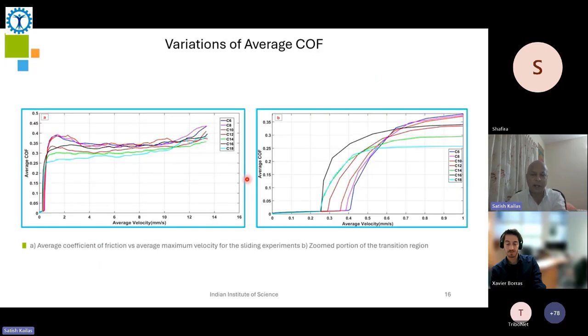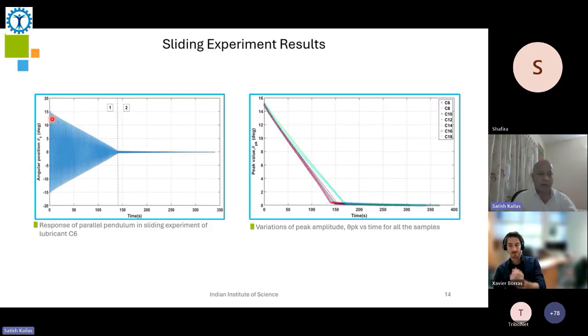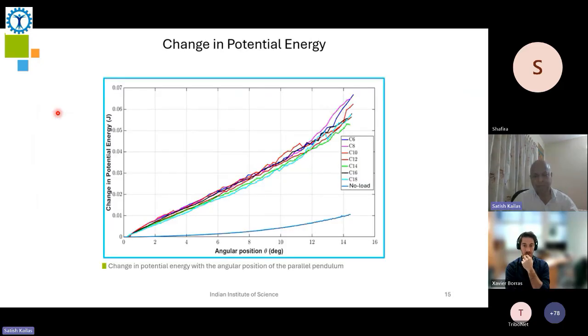But using this machine, we were able to clearly differentiate. When we calculate the coefficient of friction, we were clearly able to differentiate the molecules. So basically, the coefficient of friction was calculated from the rate at which this damping takes place. So if, from one cycle to the next cycle, there is X amount of energy being expended, and this X amount of energy expended is because of the whole sliding distance, then the energy expended by the sliding distance will give you the coefficient of friction.